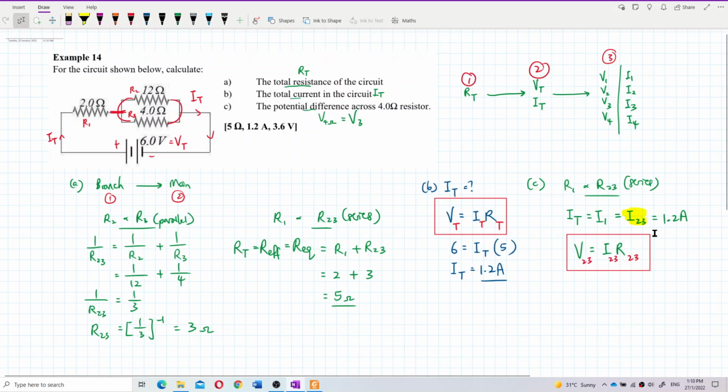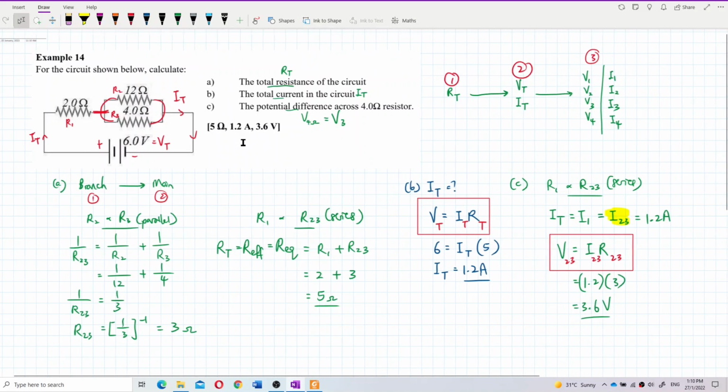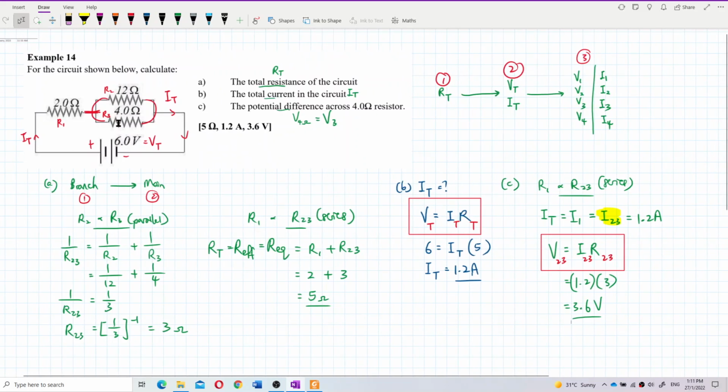So we have the current 2, 3. Just substitute 1.2 ampere as current 2, 3. Resistance 2, 3 is 3 ohm. So we have 3.6 volt. So voltage 2, 3 is 3.6 volt. And then we can say that resistance 2 and resistance 3 are parallel.